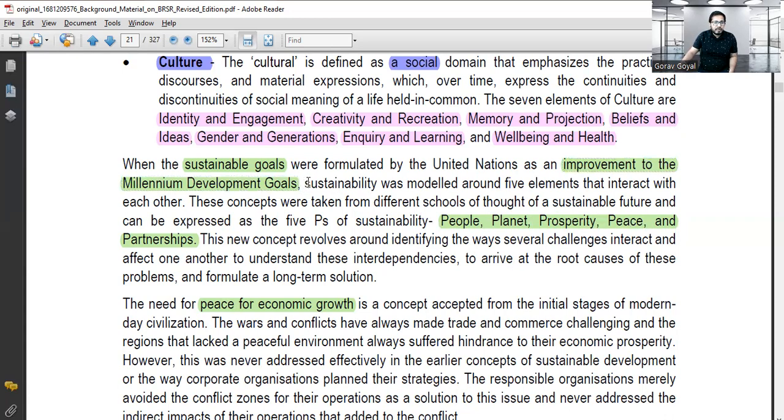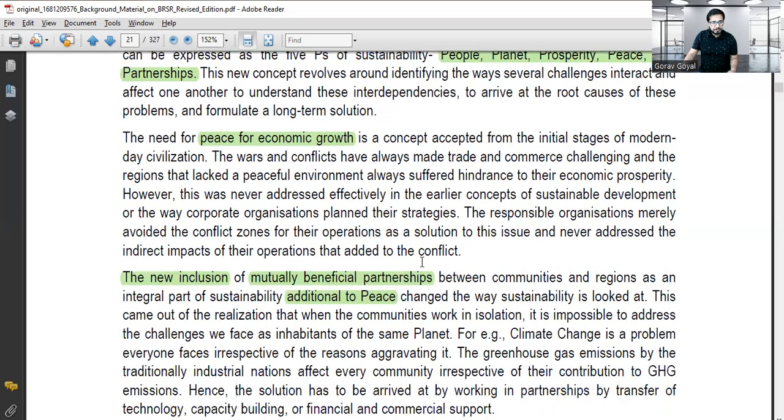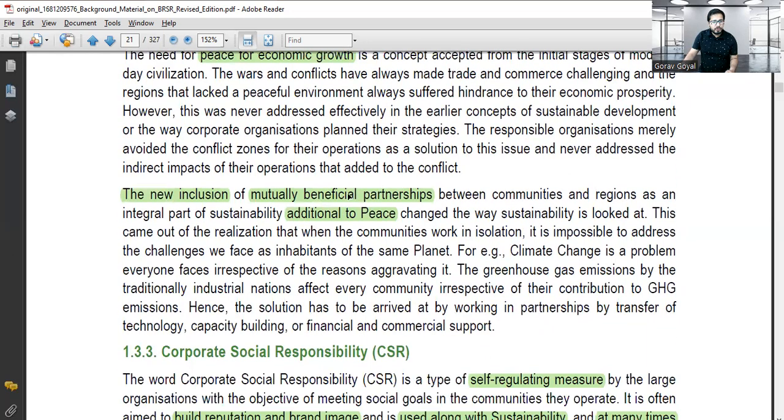When the sustainable development goals were formulated by the United Nations, they came as an improvement to the Millennium Development Goals. So the SDGs are basically the improved version of the Millennium Development Goals, with a new inclusive mutually beneficial partnership, in addition to peace between communities and regions, as an integral part of sustainability.